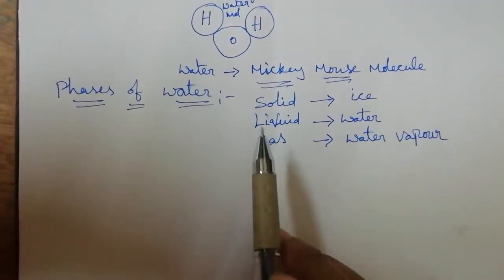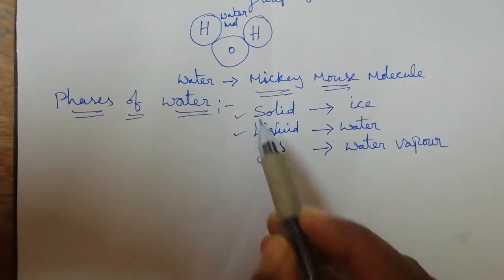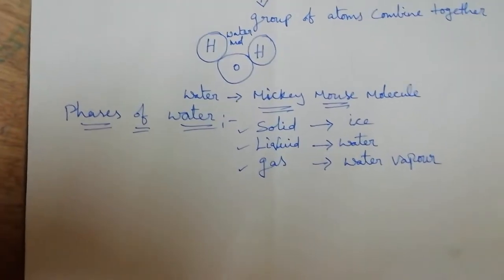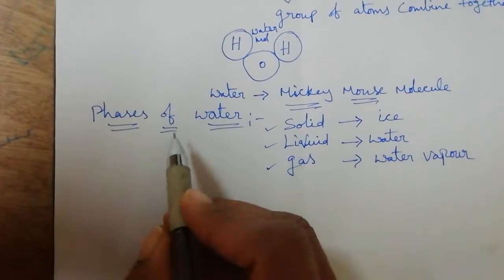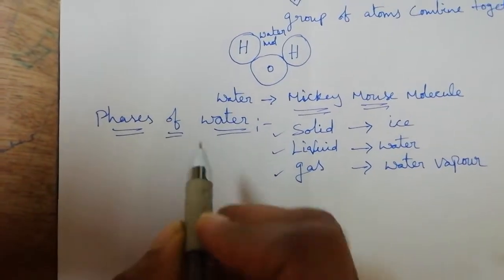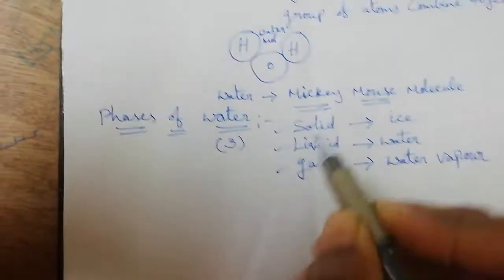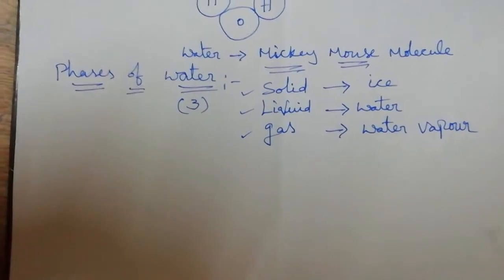So these are the phases of water. How many phases of water? There are three phases of water: solid, liquid, gas.